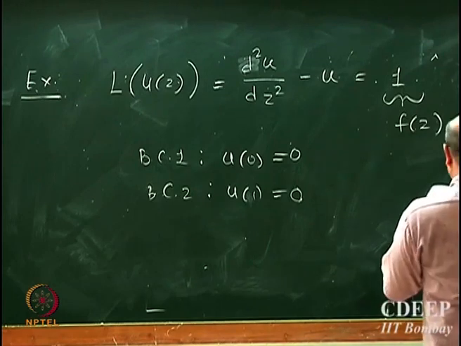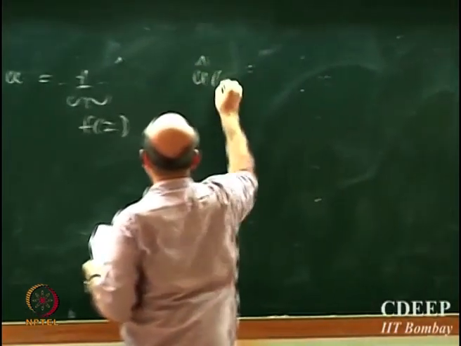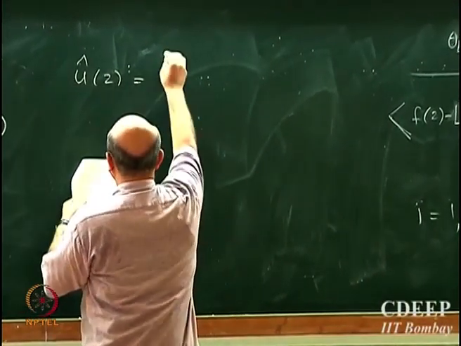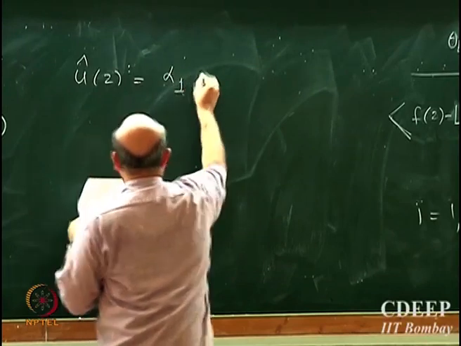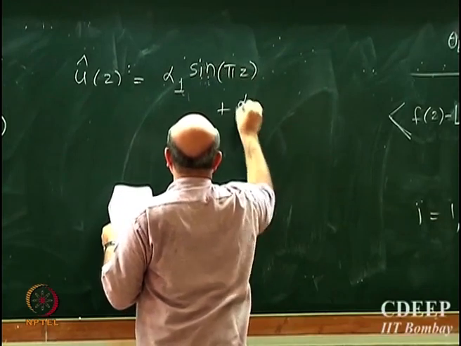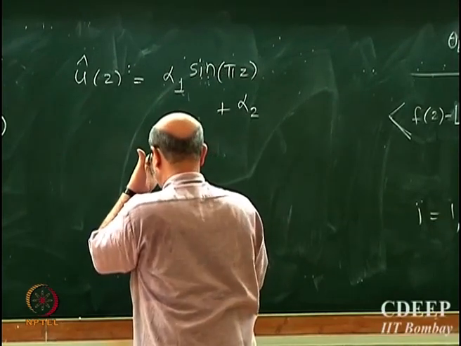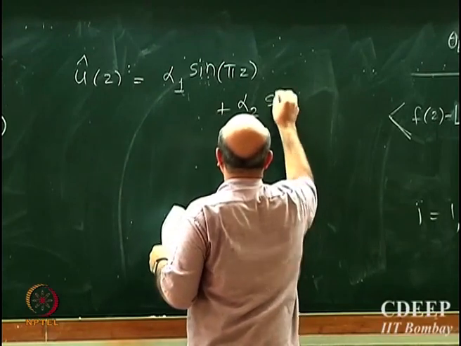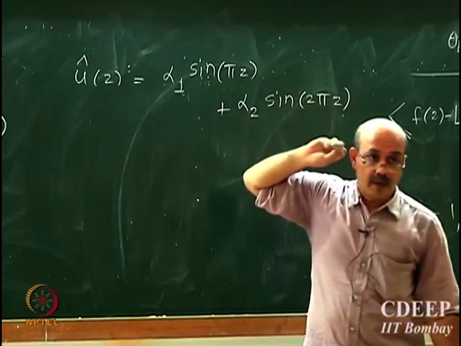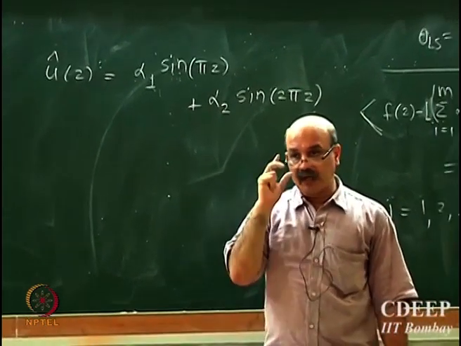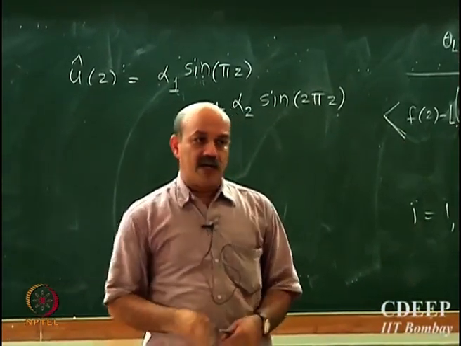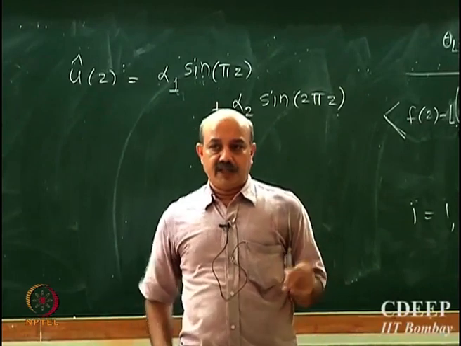So let's take this approximate solution u cap of z: alpha 1 sin pi z plus alpha 2 sin 2 pi z. Does this satisfy the boundary conditions? It satisfies the boundary conditions at 0 and at 1.